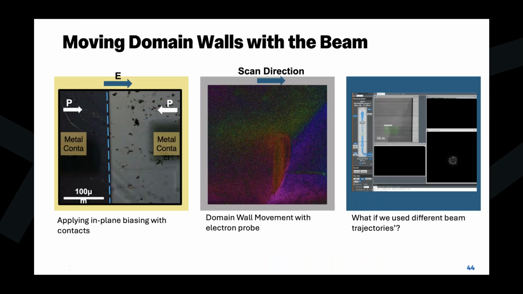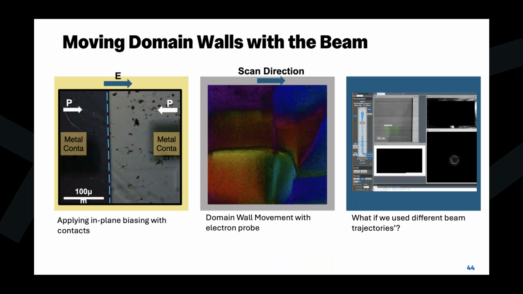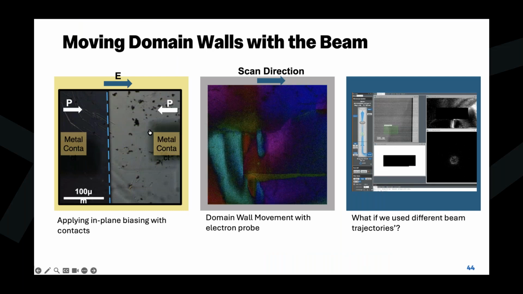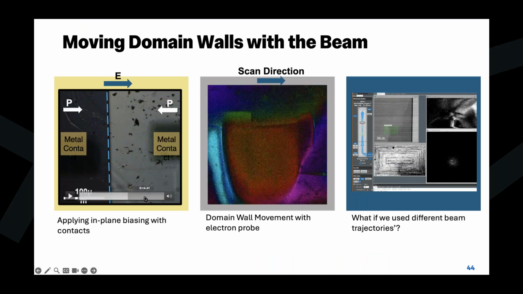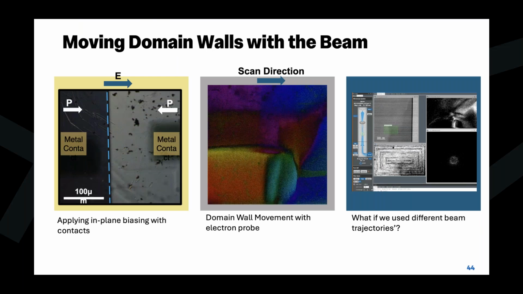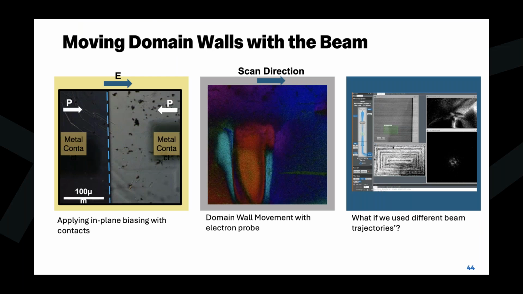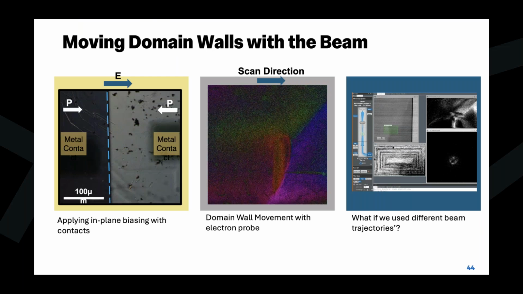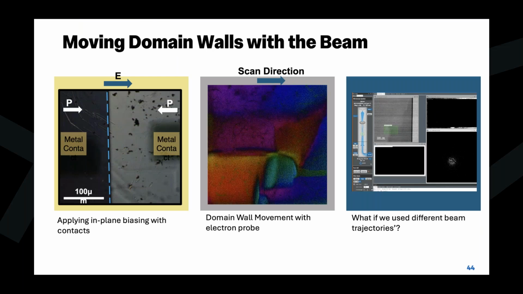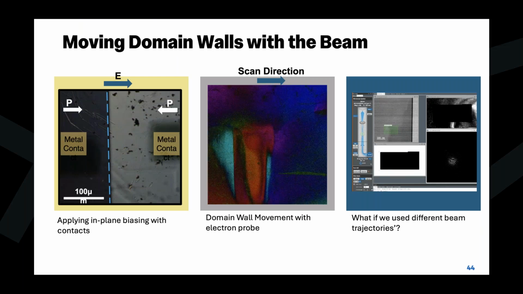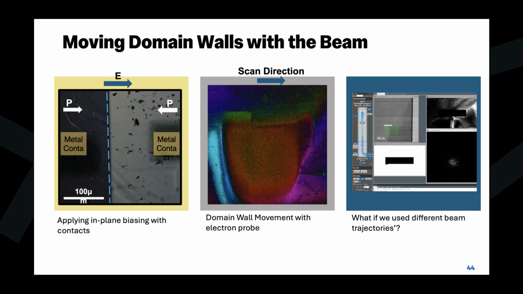Okay, so I've shown you the light microscope where we had these walls moving, and in the middle, we have the DPC STEM. And then what we did more recently is, well, let's actually use all these cool scan patterns and see what we can do with the resulting domain patterns themselves.